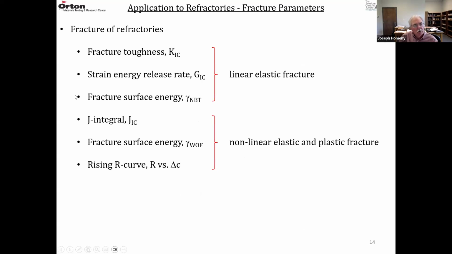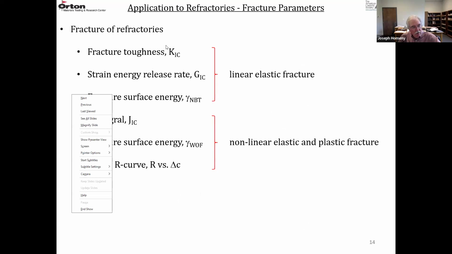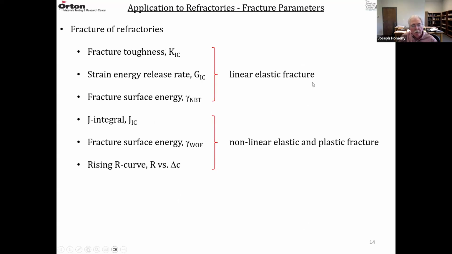So in terms of fracture of refractories, the first three items here, we've already discussed how to measure K1C. We mentioned G1C, and now there's another fracture surface energy for fracture initiation, gamma NBT. This is the fracture surface energy to start a crack moving.